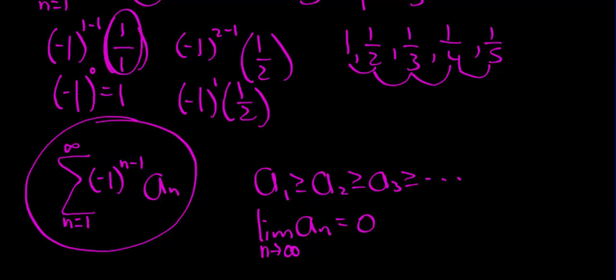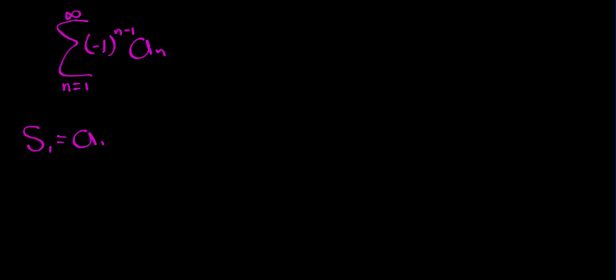Now, how do we know that? How can we illustrate that? Let's think about this series, n equals 1 to infinity, negative 1 to the n minus 1, a sub n, and think about the partial sums. The first partial sum is just a1.